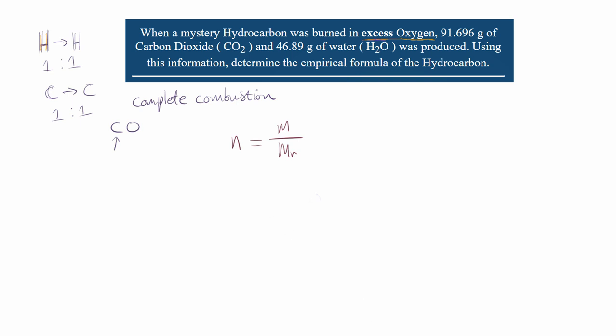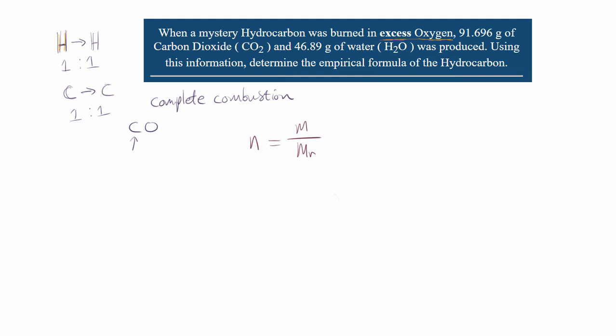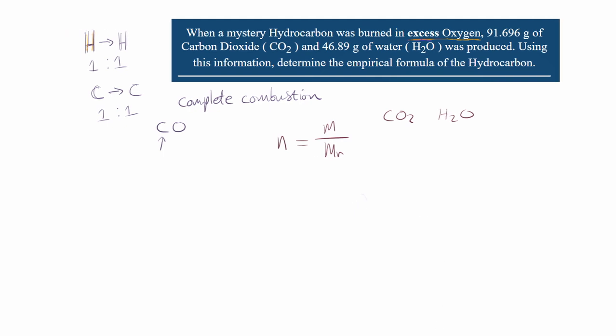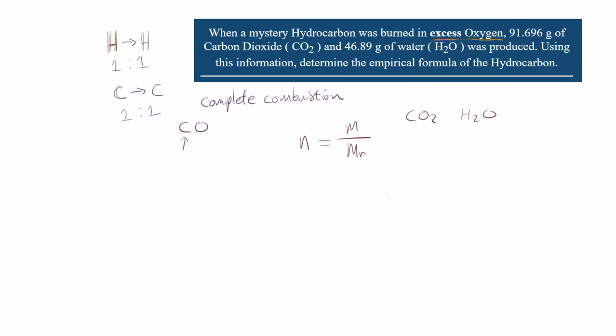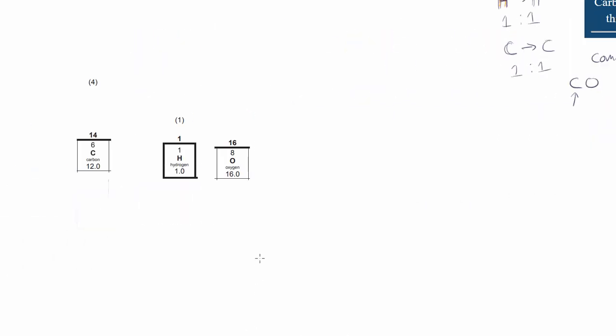Therefore, in this particular case, let's first work out the molar masses of CO₂ and of H₂O. Now, you may know these already, so if you do, feel free to write those down, but we can work this out from the periodic table. I've got a few extracts from the periodic table: carbon, hydrogen, oxygen.